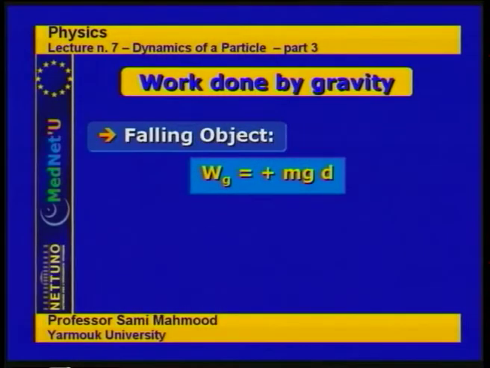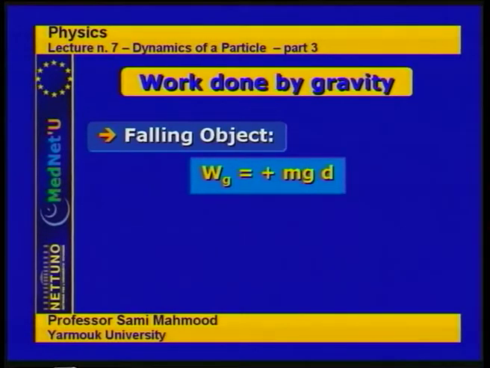So the angle phi between the gravitational force and the displacement is 0 in this case, and we know that cosine 0 is equal to +1, which means that the work of gravity in this case of falling object is equal to plus m times g times d, where d is the vertical displacement downward, or the distance the object travels downward.